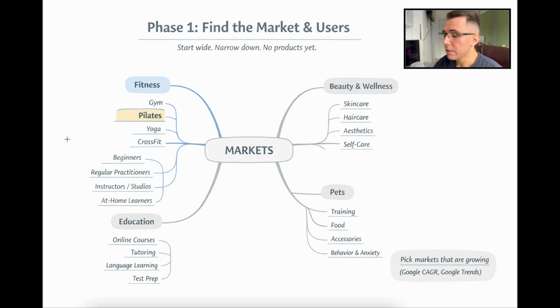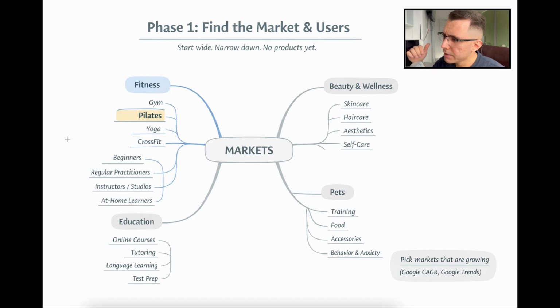An interesting thing for me was that the girls and women going to Pilates like the routine, but they also like being a part of the community. So really interesting thing to spot here in the Pilates sub-niche.